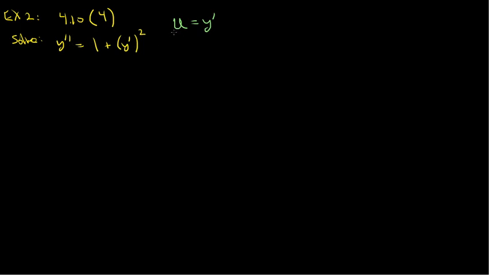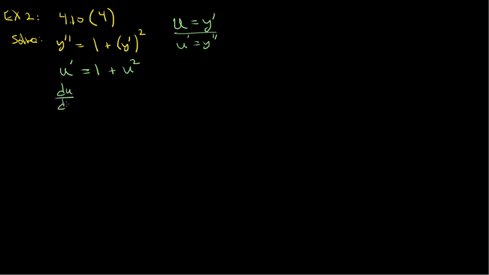So this substitution should make it easy because y double prime is just u prime. So now we transform this into u prime is equal to 1 plus u squared. Okay. Now this equation is actually linear, and it's one that you've done many times already, right?